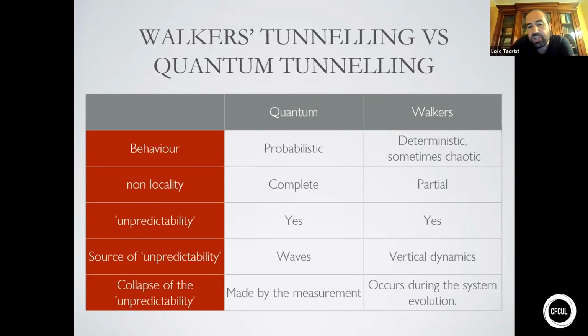Both are unpredictable, meaning that even if you can measure the position and velocity of the particle, you are not sure that you can tell if the particle will cross the barrier or not. The source of unpredictability for quantum particles is the wave function, whereas for walkers we expect that it is the vertical dynamics. And the collapse of the unpredictability is made by measurements for quantum particles, whereas it occurs during the evolution of the system for walkers.